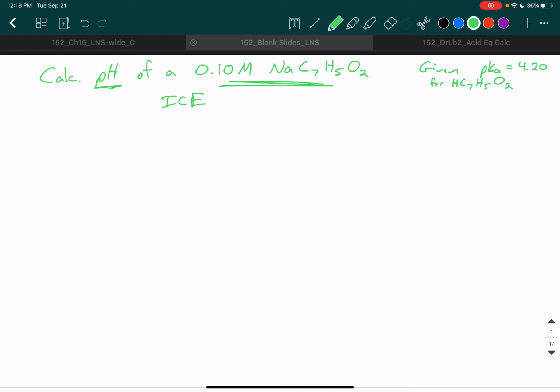This is going to produce a basic solution. Kb is not given. Instead, what you're given is the pKa of the conjugate acid.